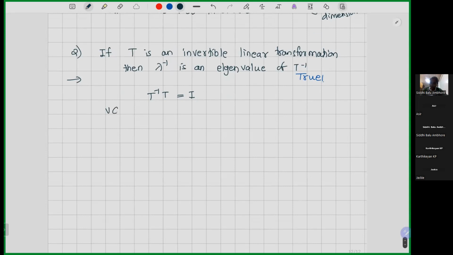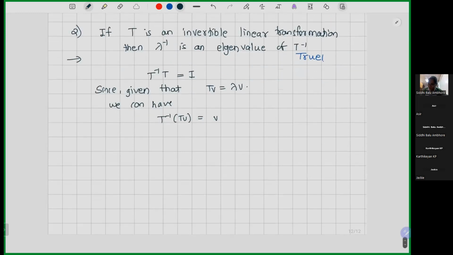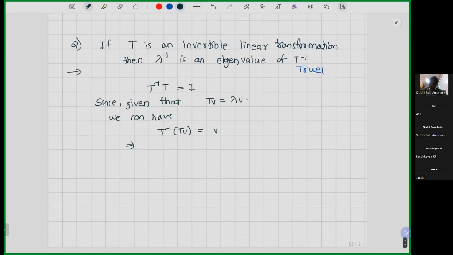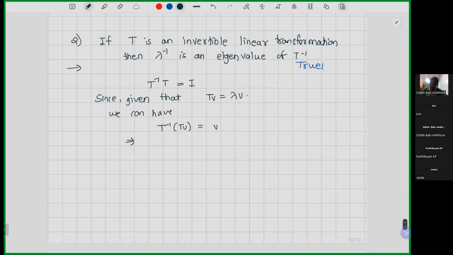Since v is an eigenvector, given that Tv is equal to lambda v, we can have T inverse Tv is equal to v.